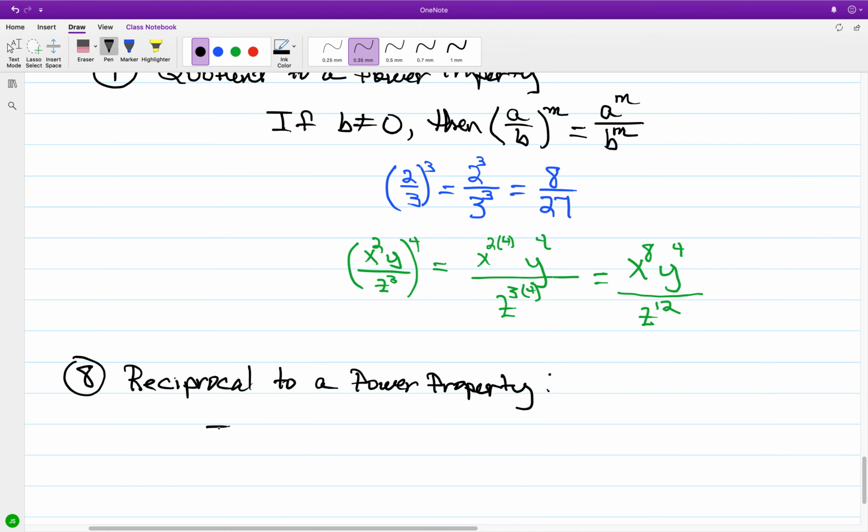And this states that if a does not equal 0 and b does not equal 0, again, we cannot have 0 valued denominators in the real number system.